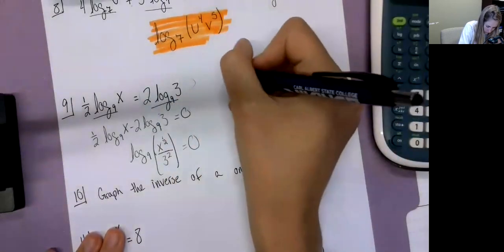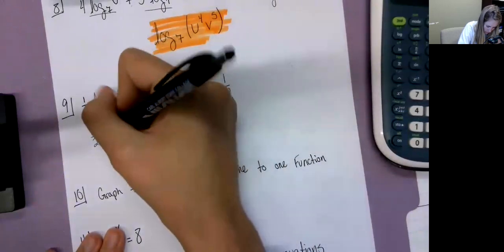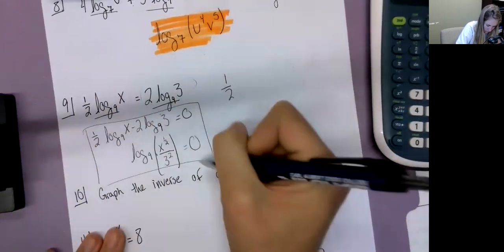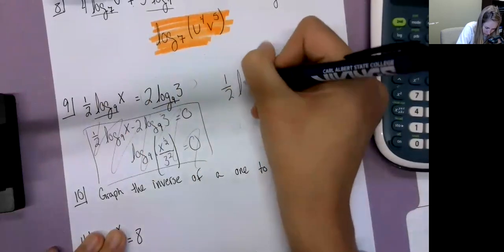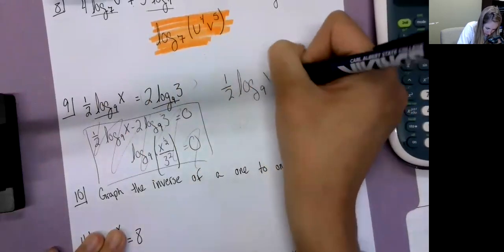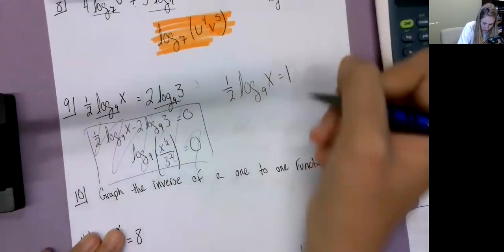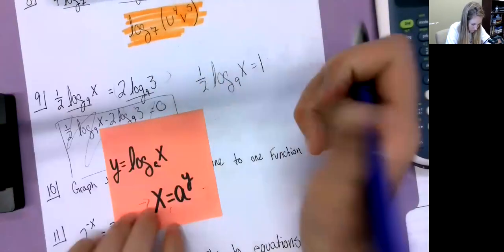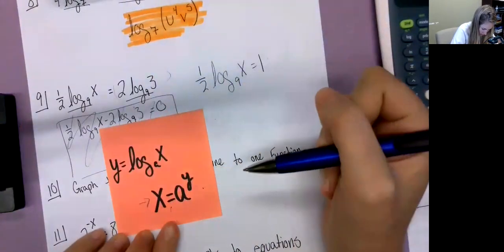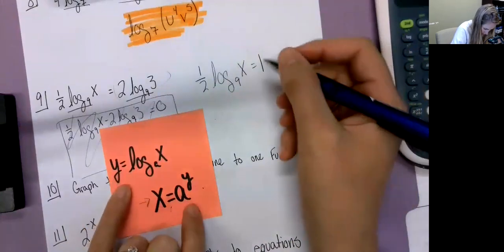So I'd have, I'm going to box this off. I don't know. But I'm going to leave it there for a second. Log 9x equals 1. So then I can use that information to switch this.